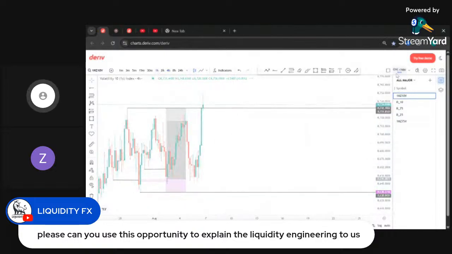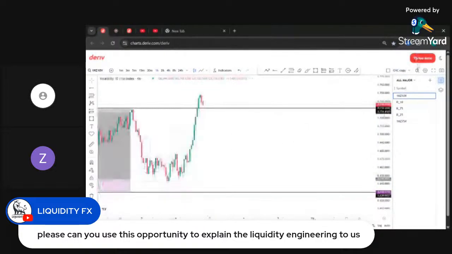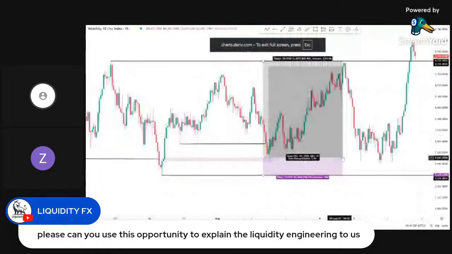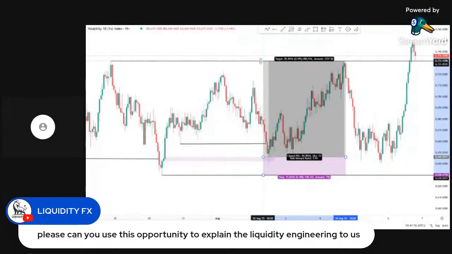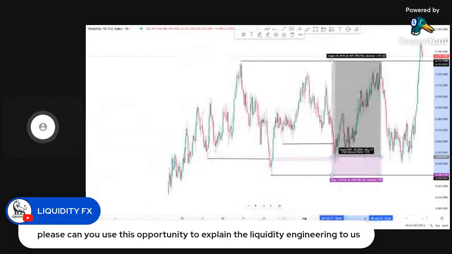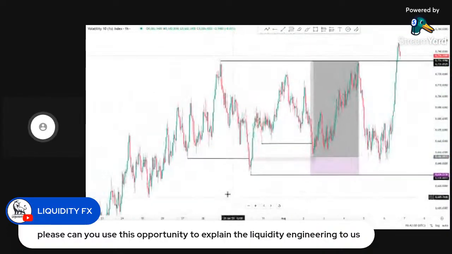So let me go to the 1 hour time frame to just show you how I took that trade, why I took the trade, and how it played out. This is a kind of setup that you see before it happens. So when price was here, this was what price had done.